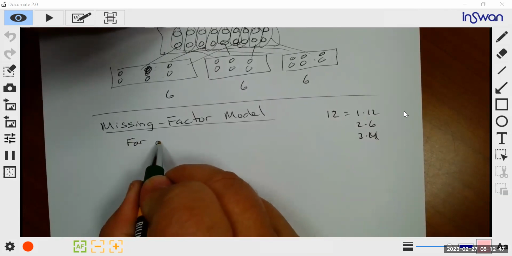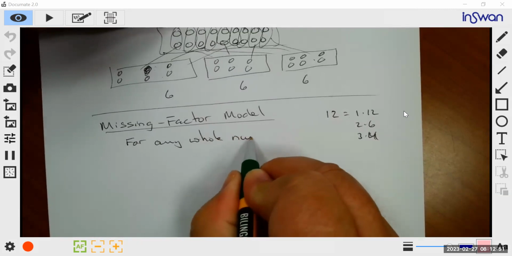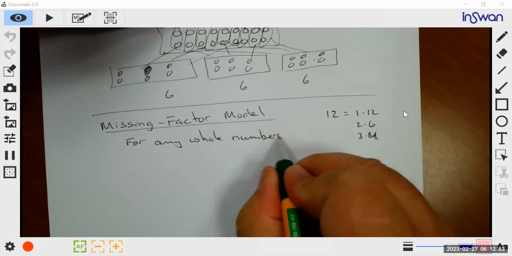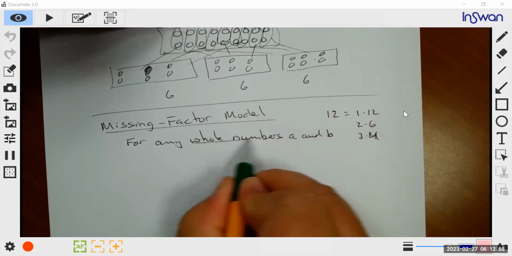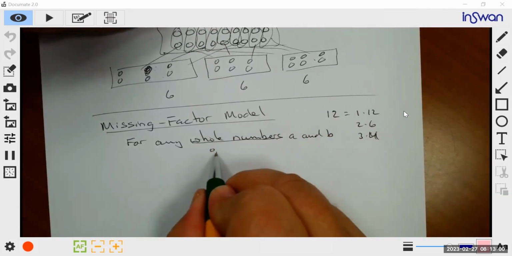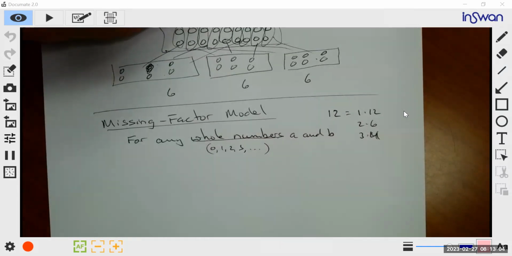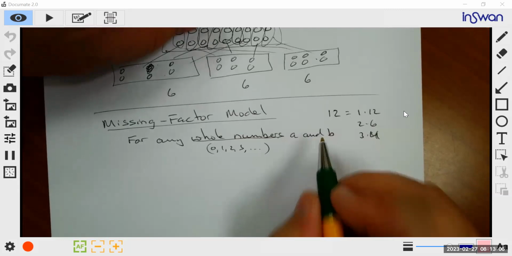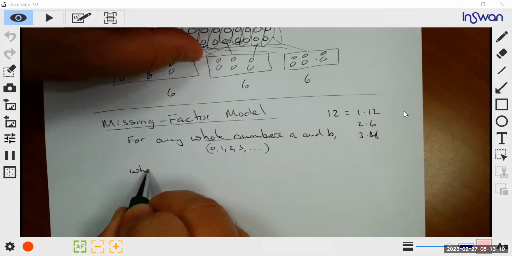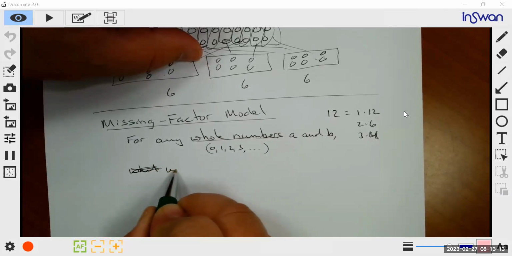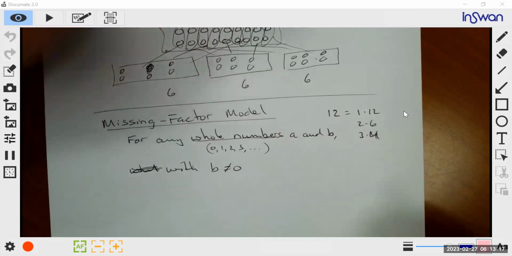So the missing factor model says this: for any whole numbers A and B, remember, whole numbers start with 0 and go on to infinity, with B not being 0. If it's 0, it ruins the whole thing.